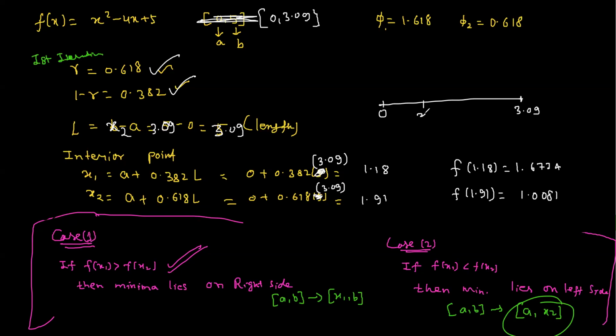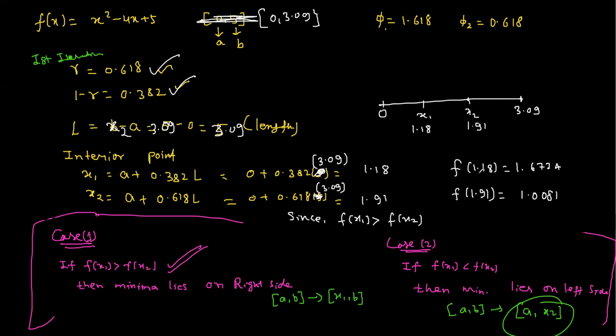And right here, this is x1 and this is x2. x1 is what? 1.18, 1.91, which are interior points, right? Now tell me who is greater? 1.67. Value, not point. f(x1) is greater than f(x2), right? Other side. So you can say minima lies on the right side.